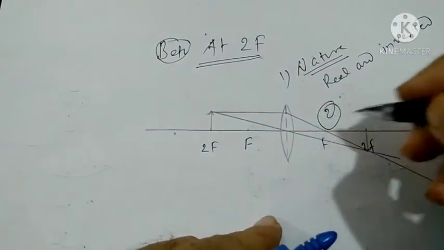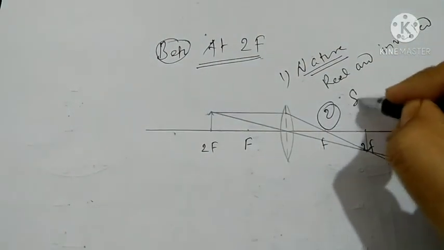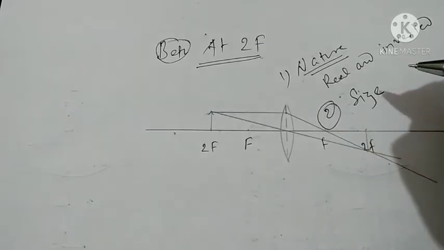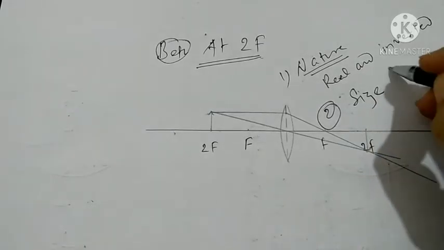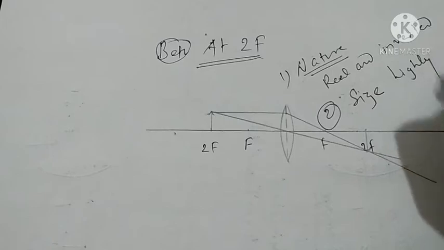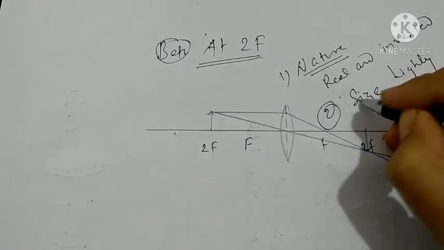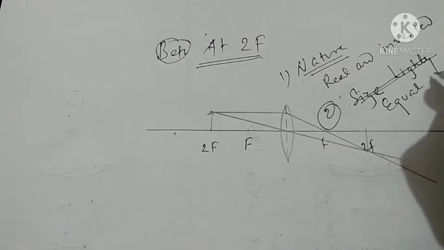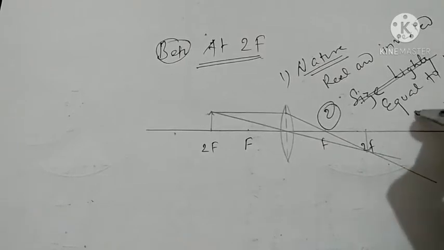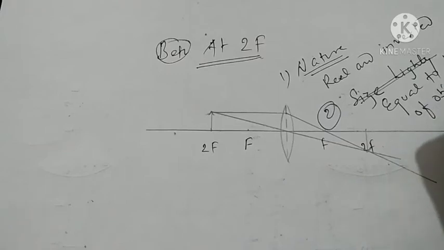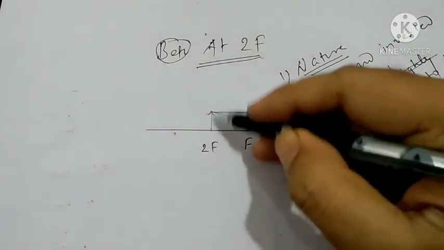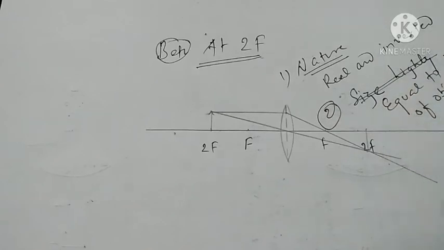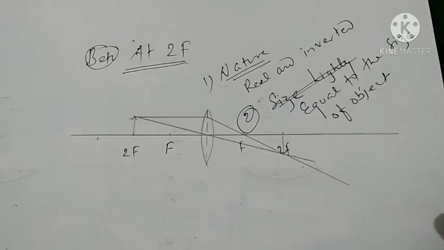Number 2 is size. So what should be the size? Highly diminished. This is not highly diminished. Equal to the size of the object. If you measure by scale, then the height of object and image are the same.